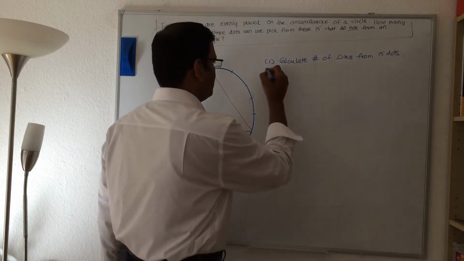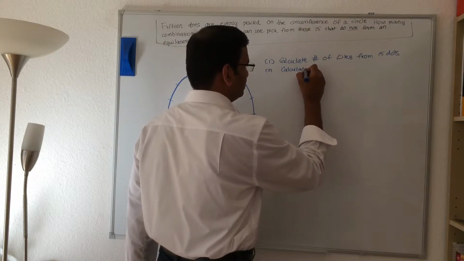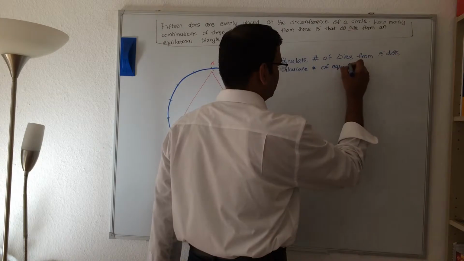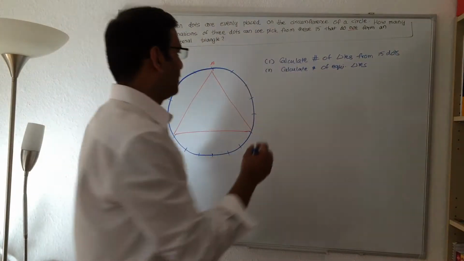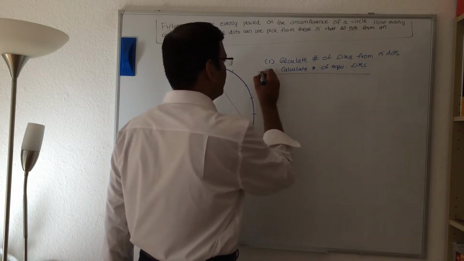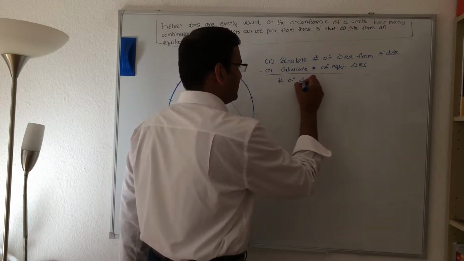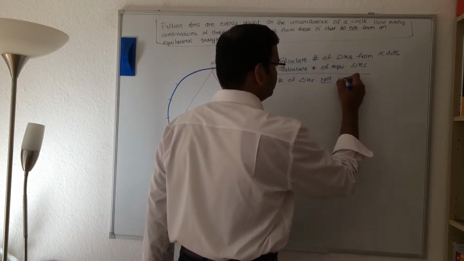The second step would be to calculate the number of equilateral triangles. Once we have these two values, all we need to do is subtract 2 from 1, so that we are left with the total number of triangles that are not equilateral.